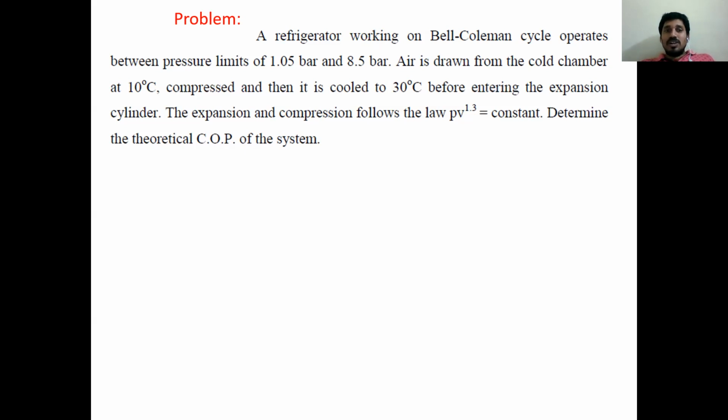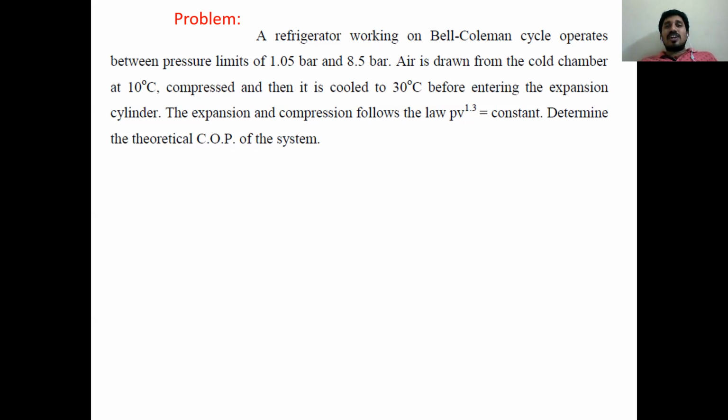After compression, the air is cooled to 30 degrees Celsius. So after compression, that air moves to the high temperature heat exchanger where it is cooled. After that cooling, we get 30 degrees Celsius. Then it will enter the expansion cylinder called the turbine. So before entering the expansion cylinder, turbine or expander, we have a temperature of 30 degrees Celsius. That is the meaning of that line.